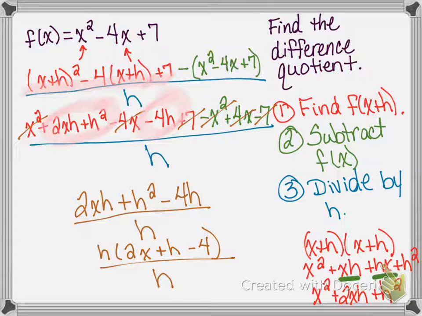My h's cancel, so my final answer is 2x plus h minus 4. That is my final answer right there. And that's the difference quotient.